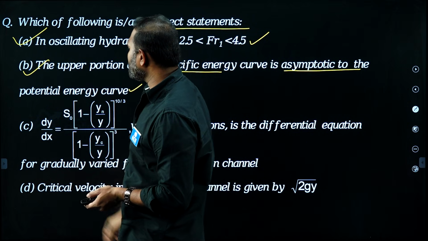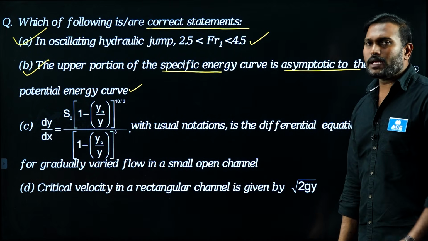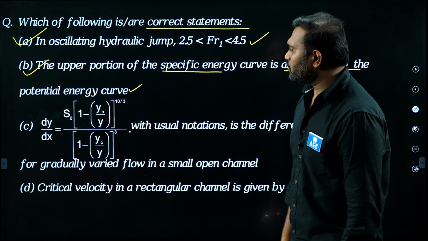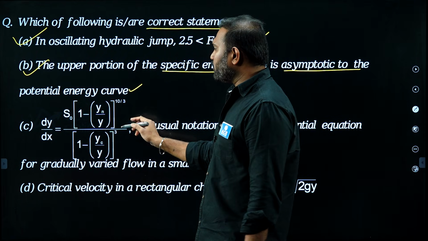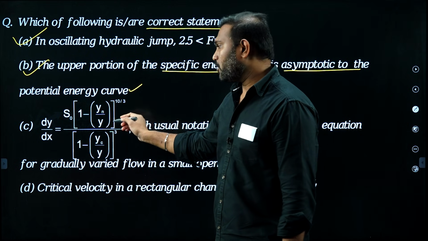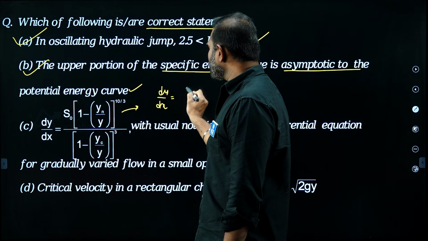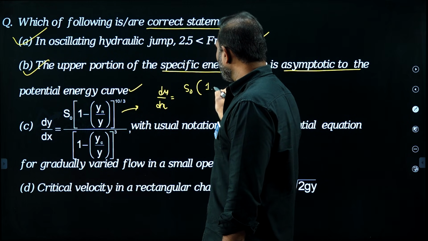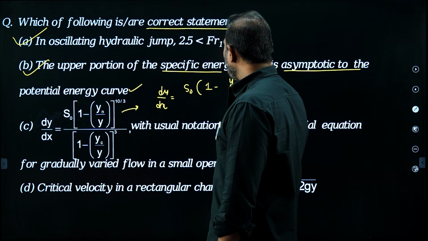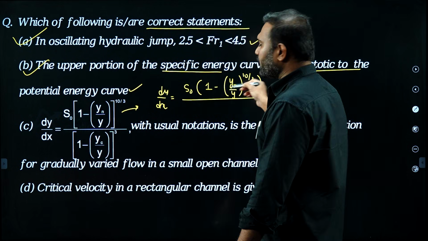But what about the third one? dy by dx is equal to S0 into 1 minus (yn by y) whole. See, now they have given the whole. No, it is not like this. dy by dx is equal to S naught into 1 minus (yn by y) whole power 10 by 3, divided by 1 minus (yc by y) whole cube, but not for the whole bracket.